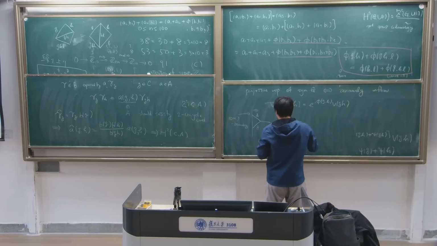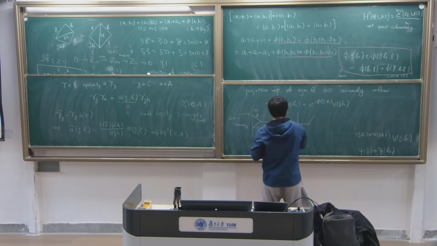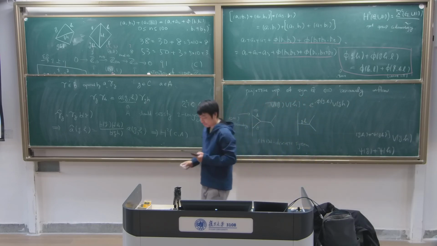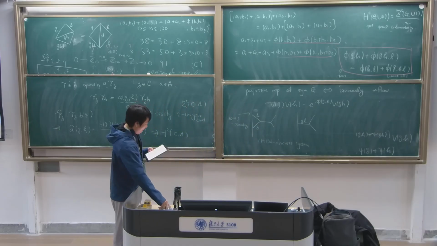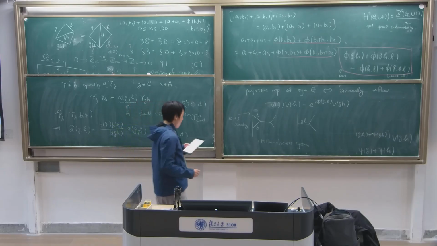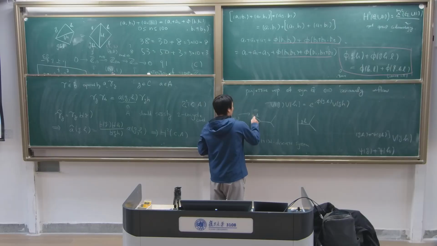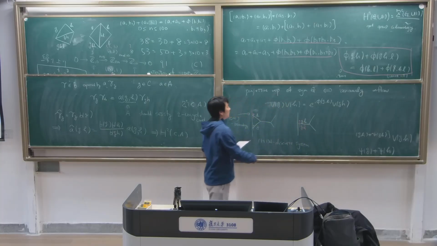If you multiply, you have G times H. So here you have a G, H action on the boundary state.